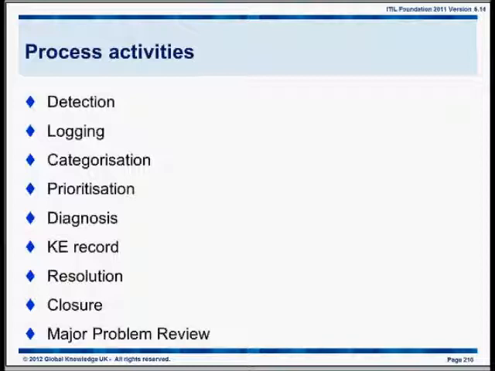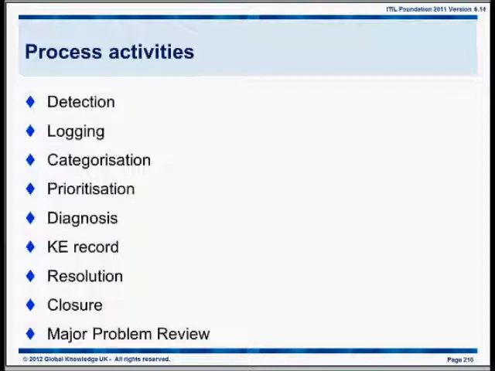So prioritization is different between problem and incident, but categorization is the same. So we use the same category in problems and incidents, but a different priority schema. Then we start diagnosing this and finding out a way to resolve it.